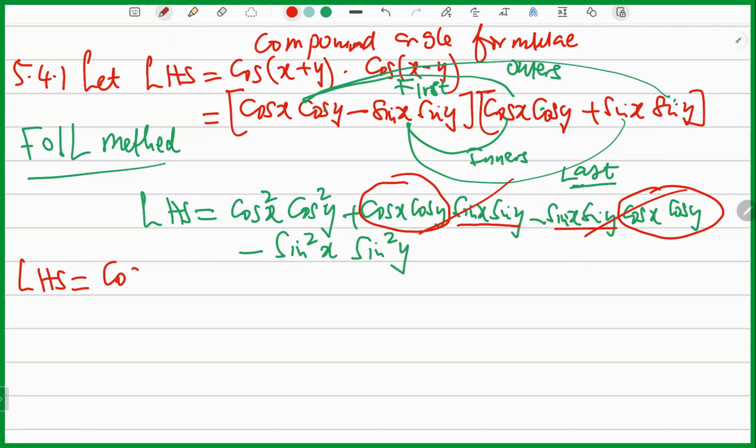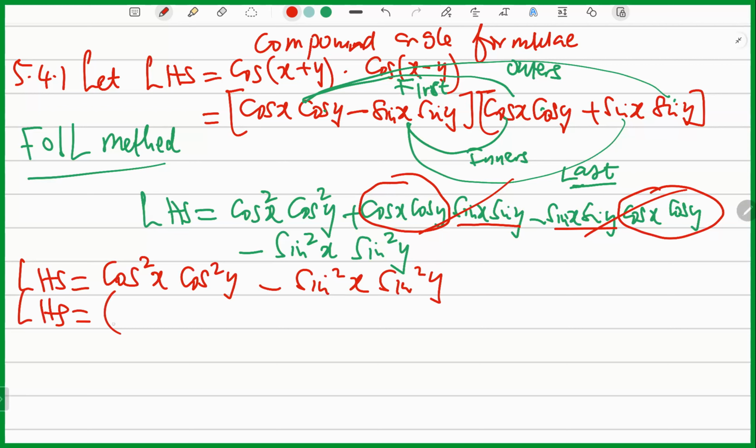So we're left with cosine squared x, cosine squared y, sine squared x, sine squared y. That's what we get on the left side. So now we have this.